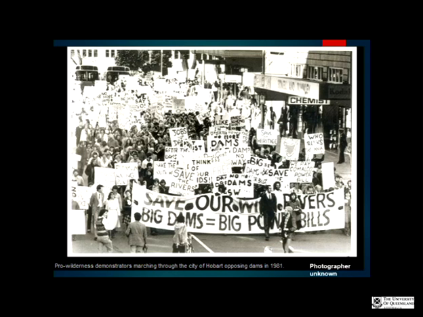And this was the demonstrations that went around in the cities as well. So although there were people out on the rivers trying to physically stop these developments from going ahead, the city folk were getting involved too and doing their bit. And really calling on the government, the federal government, to get involved and stop the dam from going ahead.